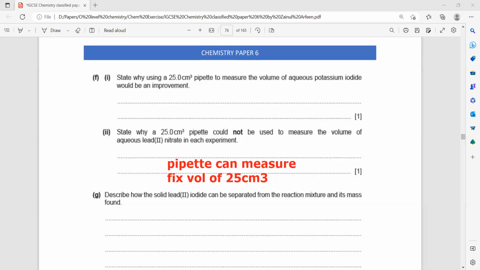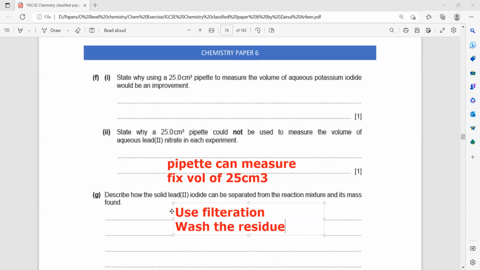So we simply filter it off, wash and rinse, then dry and weigh. We use filtration because a precipitate, a solid, is formed. Then we wash the residue. Then we dry it and measure the mass.